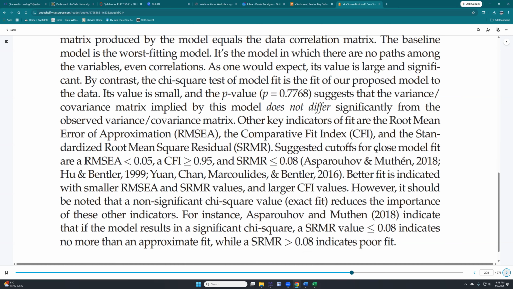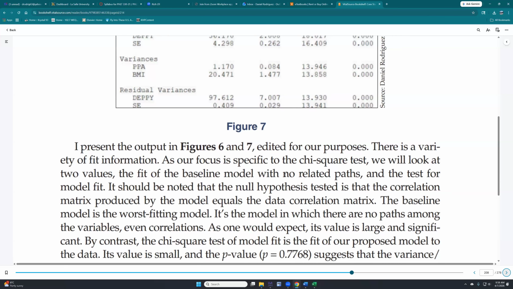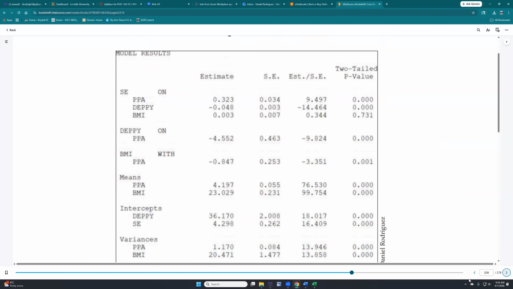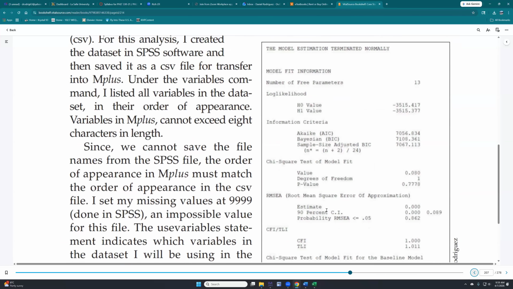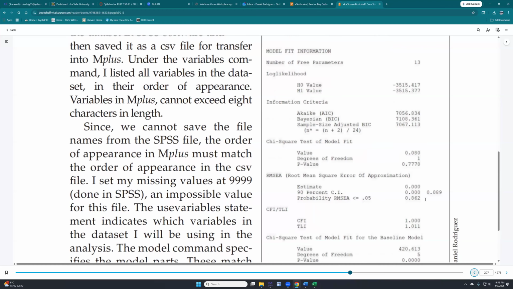And these are important to know because, when you're doing these analyses and your chi-square isn't significant, you have to explain it. You can say, yeah, but my RMSEA is good, my CFI is good, my SRMR is good. So, you can look at those in our data. I think we saw them here, right? And say, okay, well, these values are okay. This one isn't that good, honestly, right? Well, actually, it is good. Sorry, it's 0. It is good.